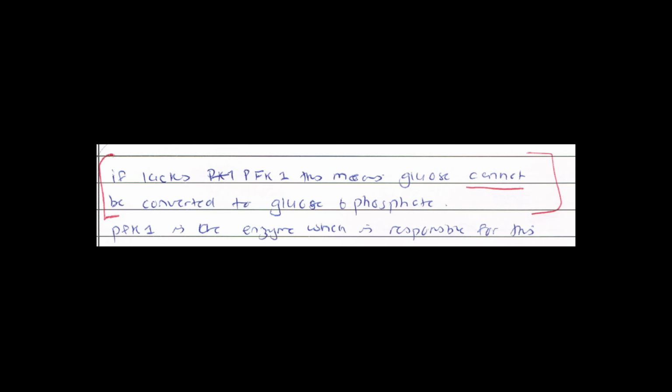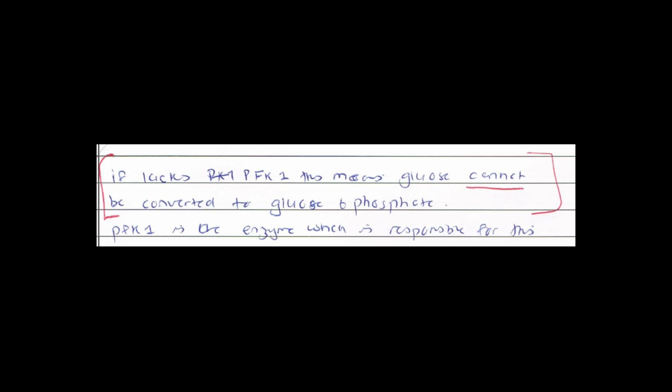So let's look at the next one, guys. Let's translate this. It looks like it lacks PFK1. This means glucose, I guess they were saying glucose, cannot be converted to glucose 6-phosphate. PFK1 is not the enzyme responsible for this, guys.